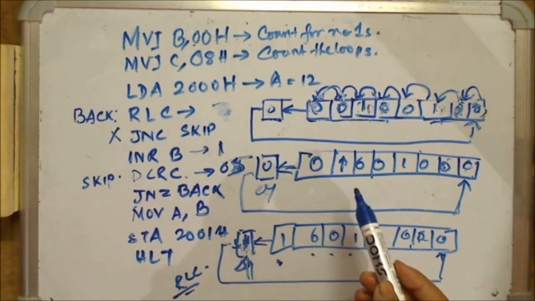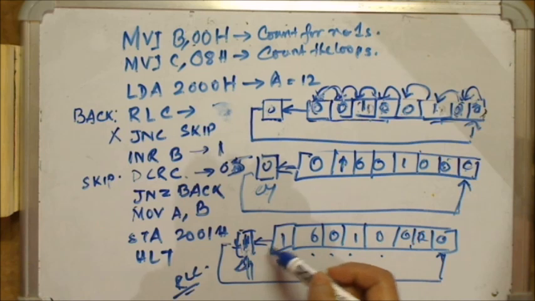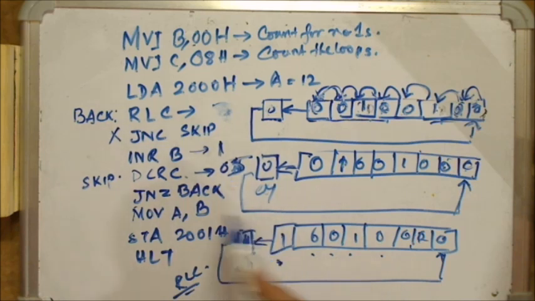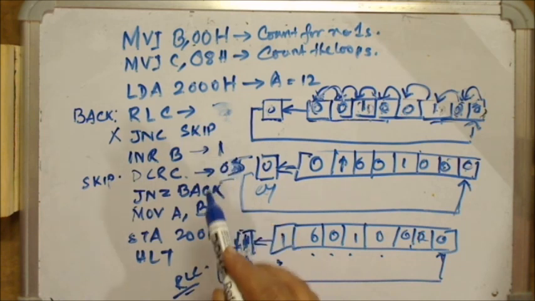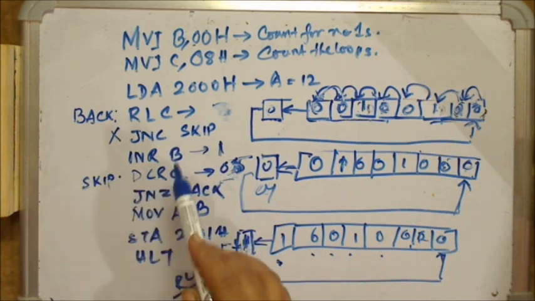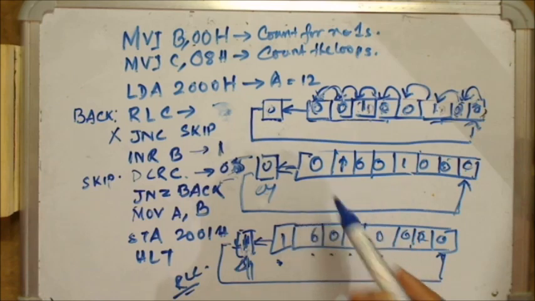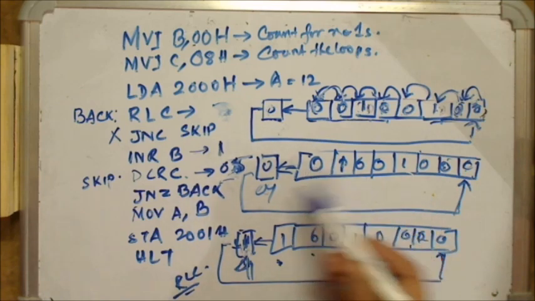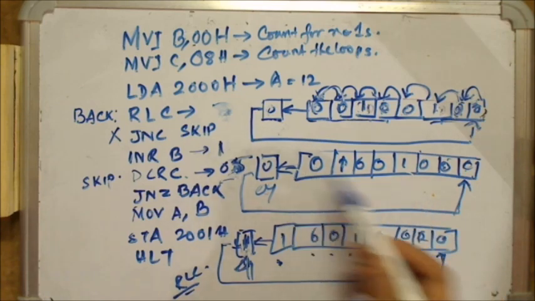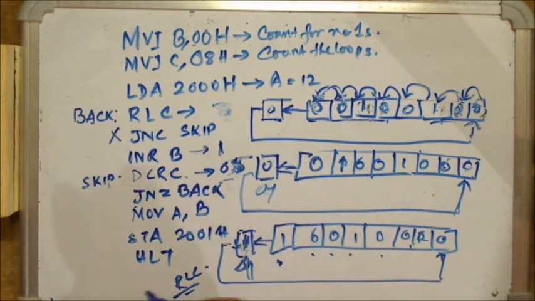Okay. So the counter will be incremented by 1. Then again the counter will be decremented and it will jump. Again it will rotate left. Again it will rotate left.